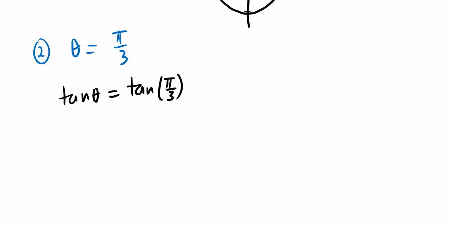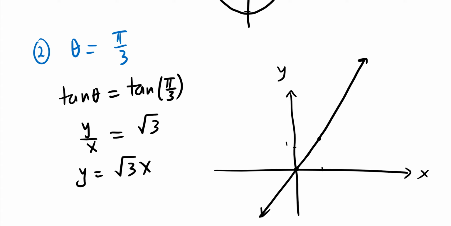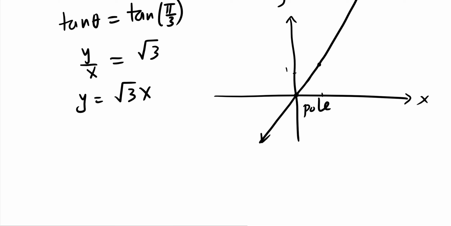And we get tangent theta, we know it's y over x, and tangent pi over 3 is the square root of 3. Cross multiply, we get an equation of a straight line that goes through the origin. So if you take (0, 0), (1, square root of 3), it's going to be a straight line that goes through the pole. That's the graph of theta equals pi over 3.